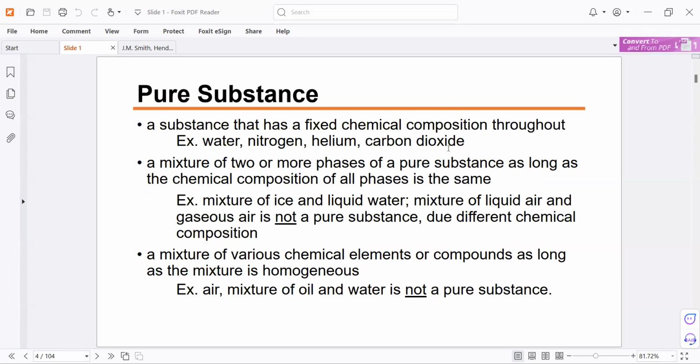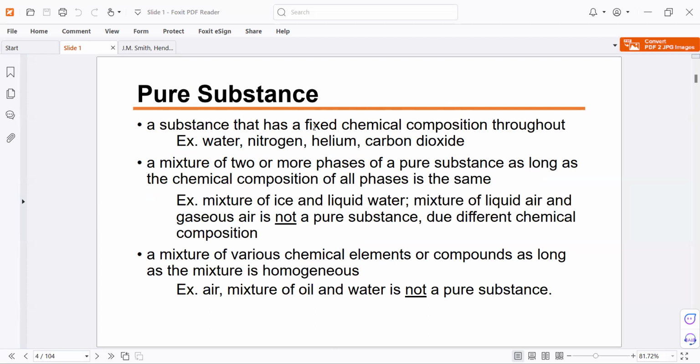Next, we define what is a pure substance. By definition, it has a fixed chemical composition throughout. So examples, we have compounds like water, carbon dioxide, and also elements like nitrogen and helium.